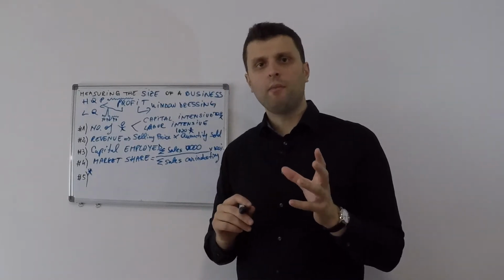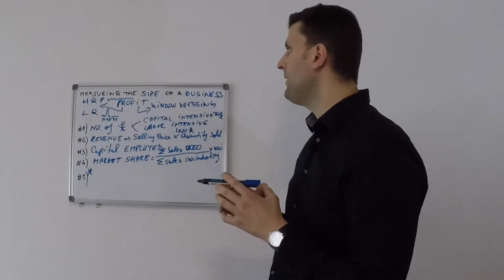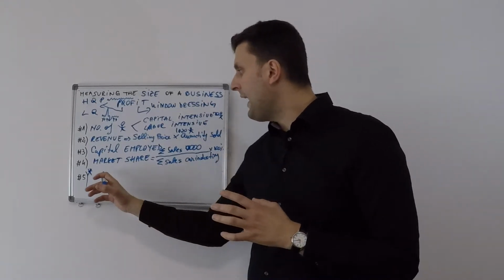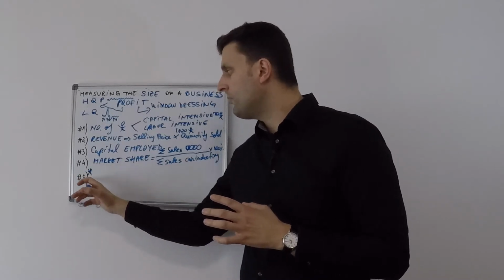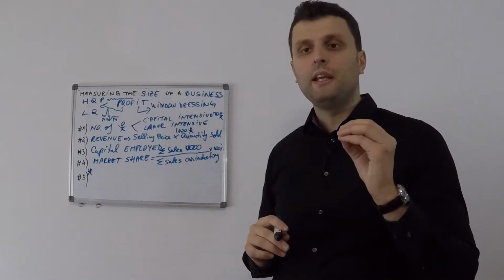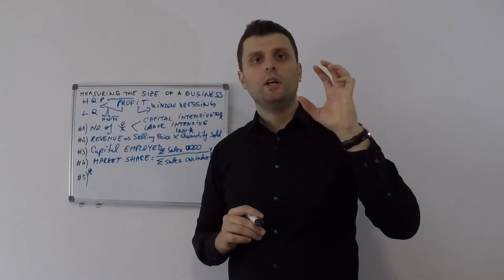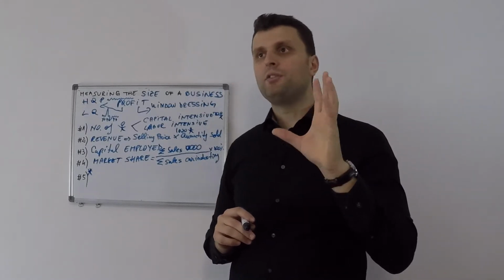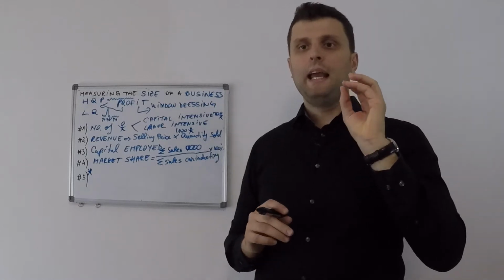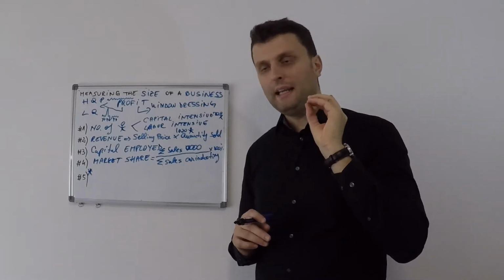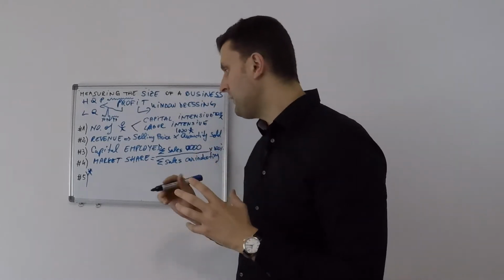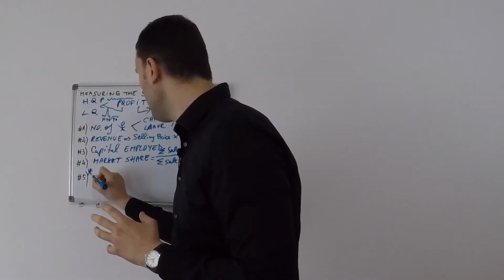Now, this being said, I'm going to the last way of measuring the size of a business. And I have to say that the reason why we have this star over here is because it's applicable to companies that are only listed on the stock market, and it has to be around the concept of market capitalization.